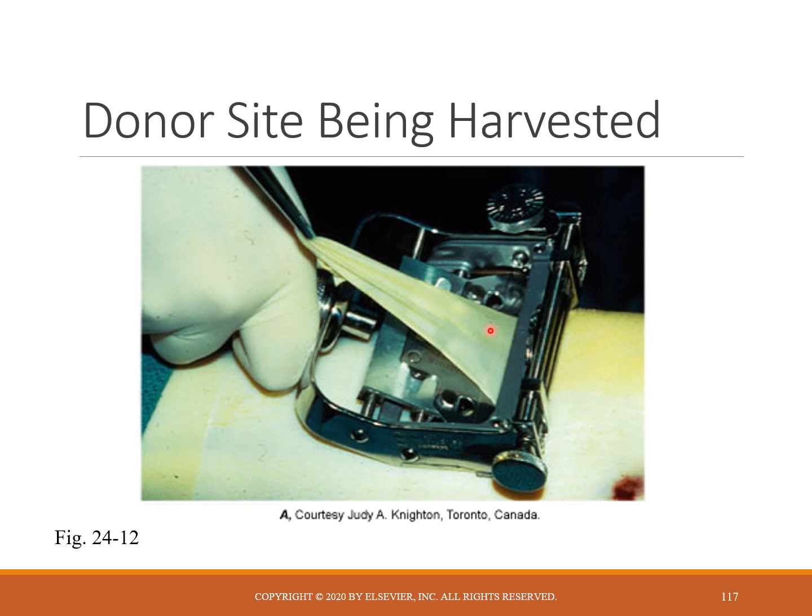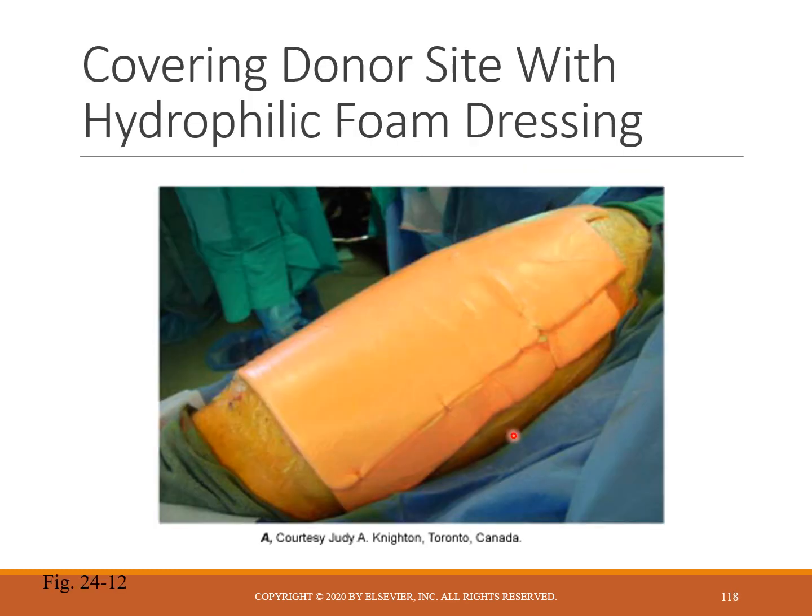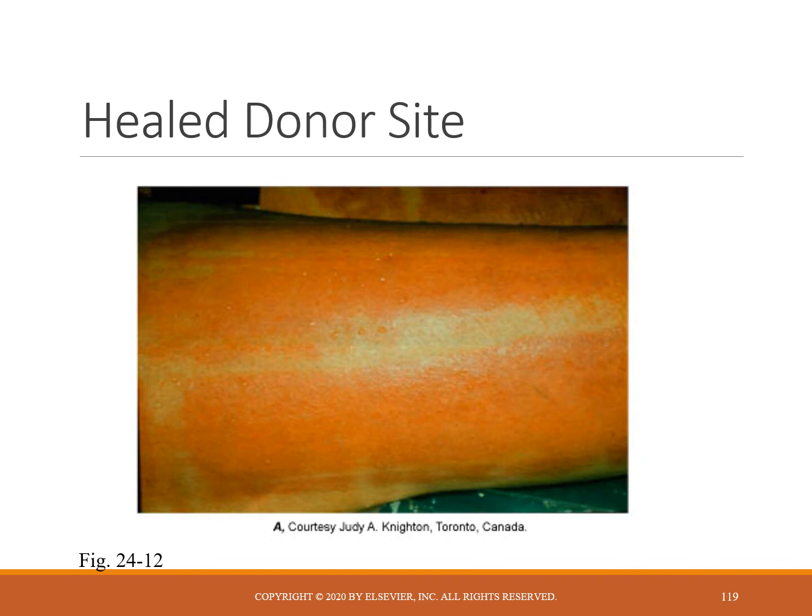This is the donor site being harvested, and again, it can be from a cadaver. This is showing you covering the donor site with hydrophilic foam dressing to promote healing. This is the healed donor site.